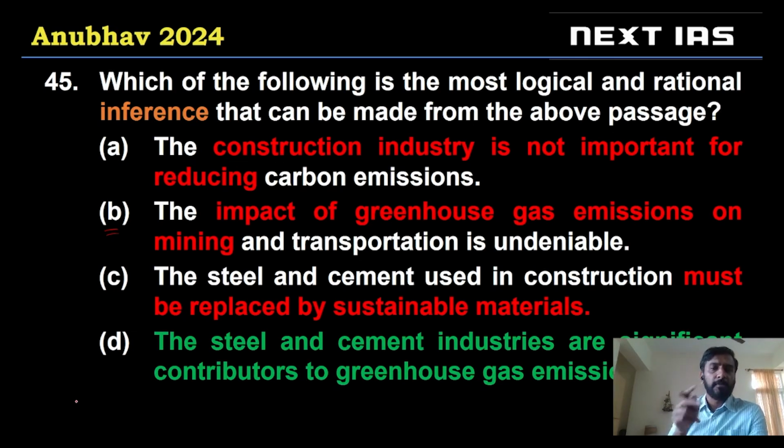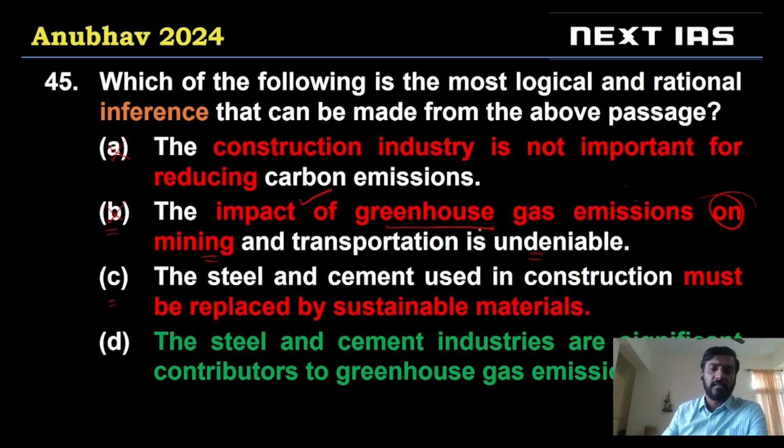In option B, that has been inverted. The impact of greenhouse gas on mining is undeniable. The cause effect relationship is inverted. So UPSC does this actually in many questions. You can expect this in at least 3 to 4 questions in the exam. One of the options will have the cause effect relationship reversed. Okay, so option B is incorrect.